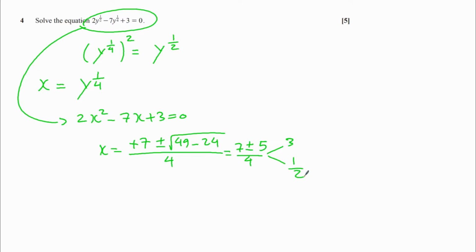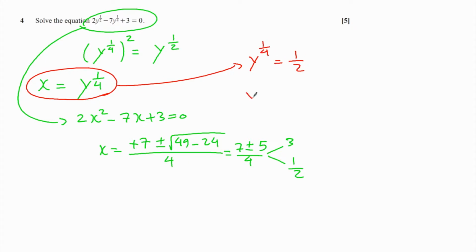Now that we have found the values for x in this equation, we come back and replace them in the assumption that we made: we replace y to the power of 1 over 4 equal to x. So y to the power of 1 over 4 could be equal to a half, or y to the power of 1 over 4 could be equal to 3.